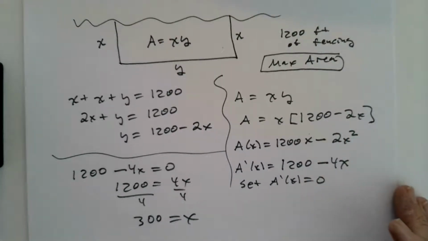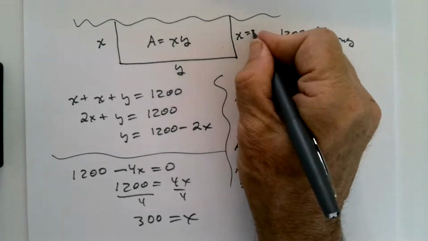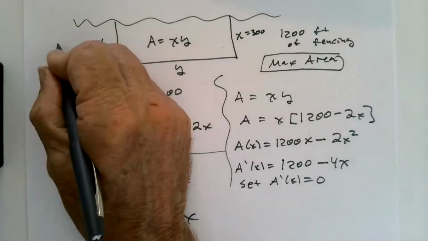You see, I neglected to do that on my first problem where we had the numbers, the 10 and 10, but we checked some numbers around it, and that indeed was smaller. But let's be a little more formal here. X is 300, so this distance is 300. This distance is 300.